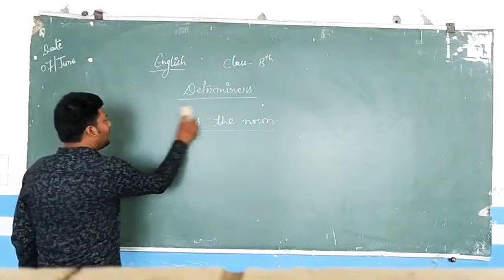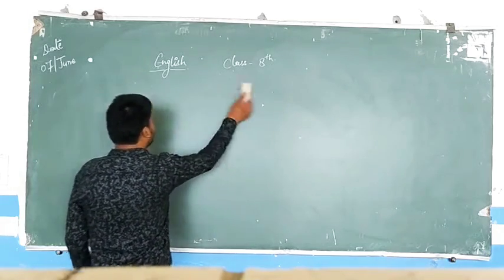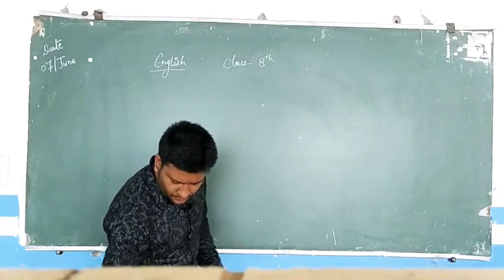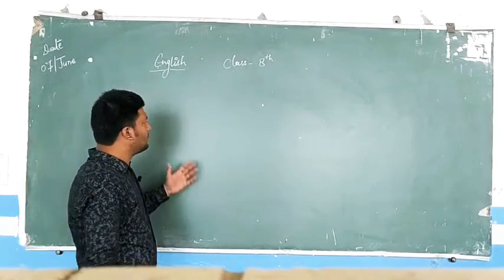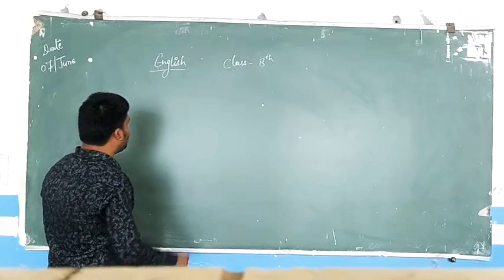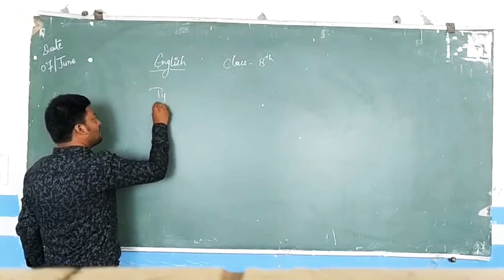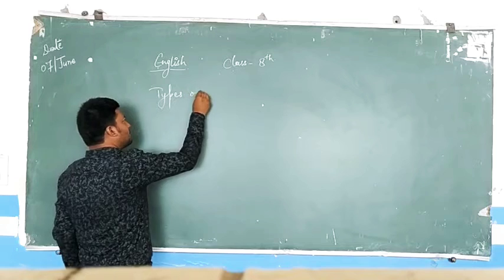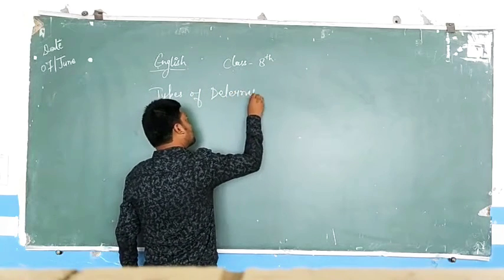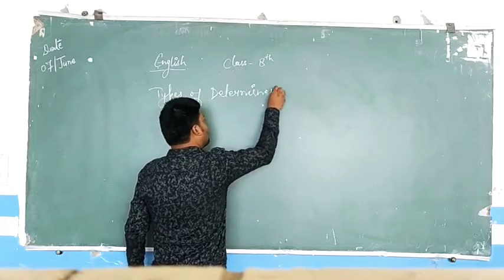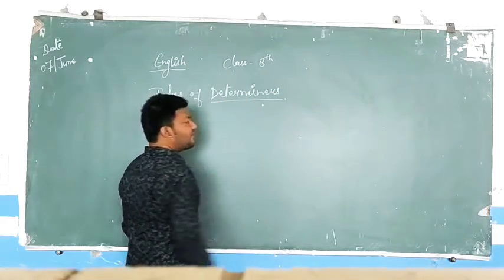Now in English language we have basically more than 50 determiners, but we are going to study here 6 types of determiners, which itself is a topic of English grammar.